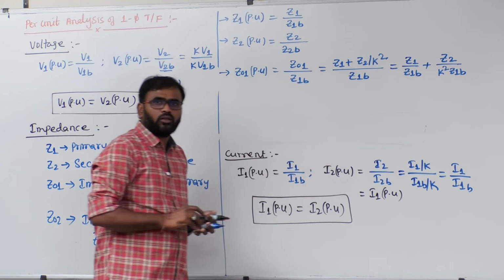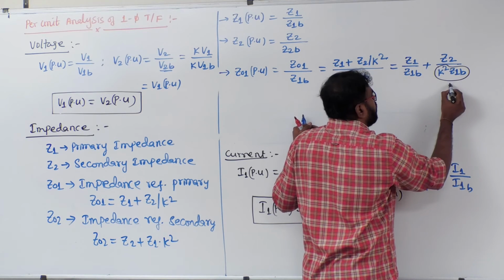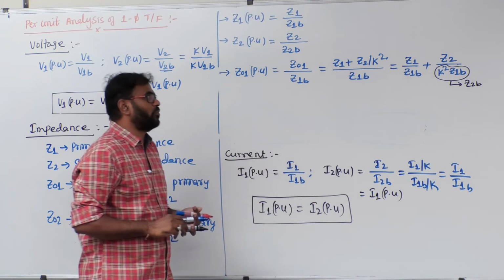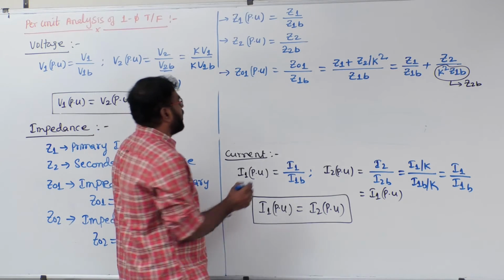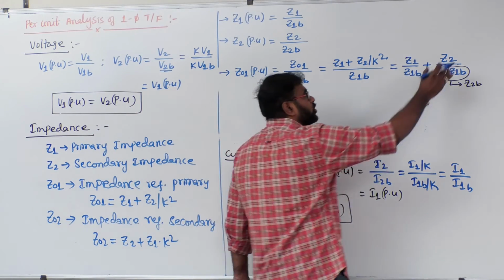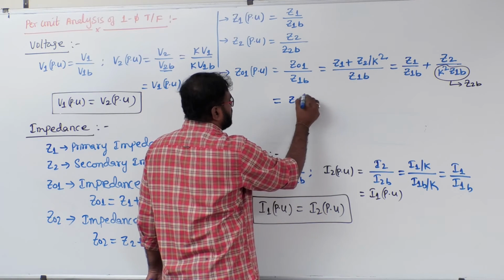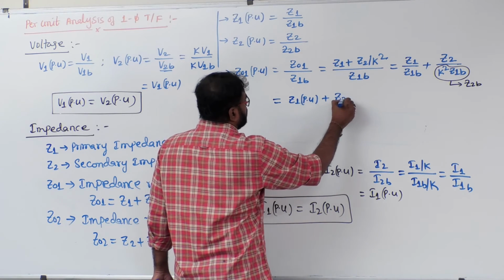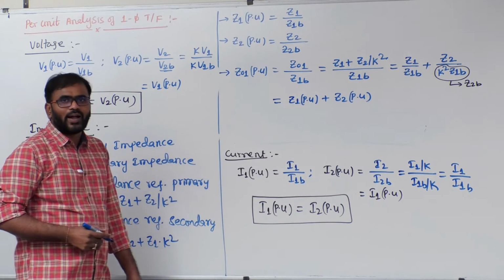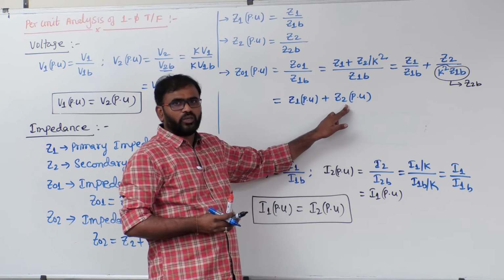But please be careful about this. What is K square into Z1 base? We know that this is the Z2 base. Now finally, what is Z01 per unit? Z1 by Z1 base, Z2 by Z2 base, nothing but Z1 per unit plus Z2 per unit. Clear? That's what Z01 per unit is: Z1 per unit plus Z2 per unit.